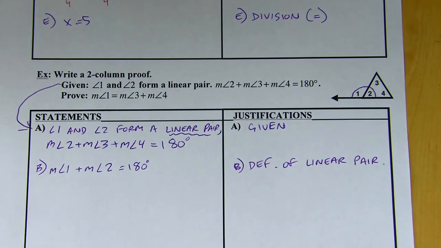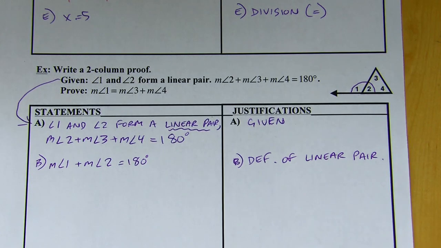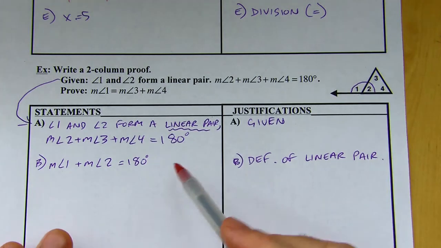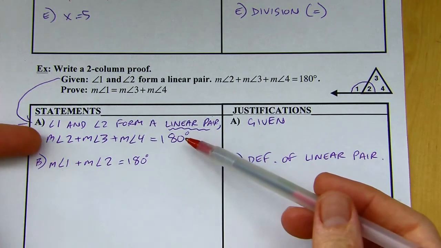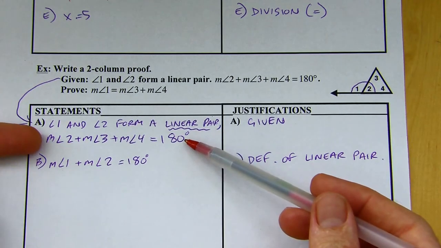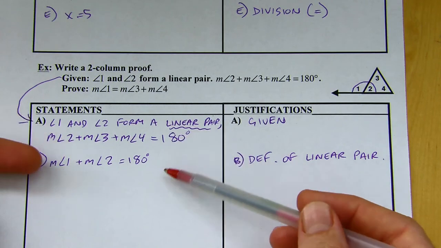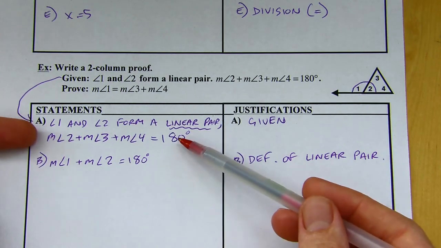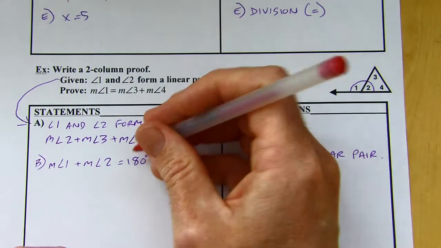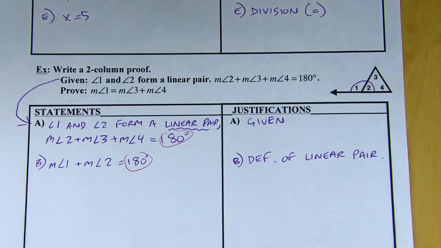All right. And then I'm going to think, well, what else can I do? These proofs get easier the more of them you do, because they follow certain patterns. I can't really do much with that part of the given on its own. But now if I look at the equations that I do have in my proof, hey, I've got two things that equal 180 degrees.